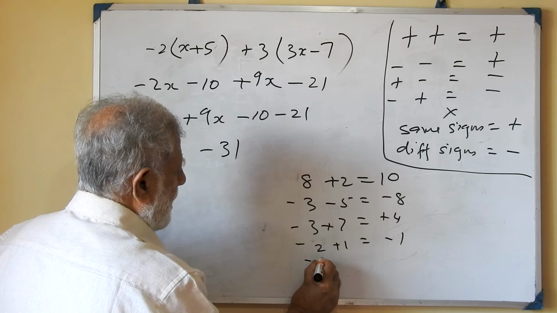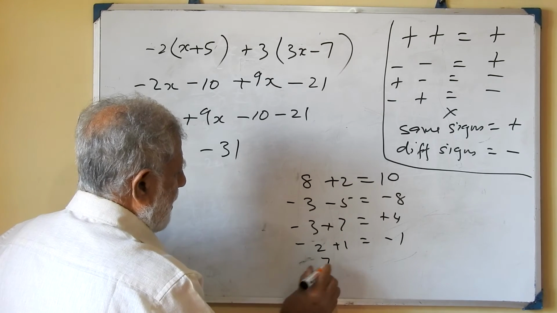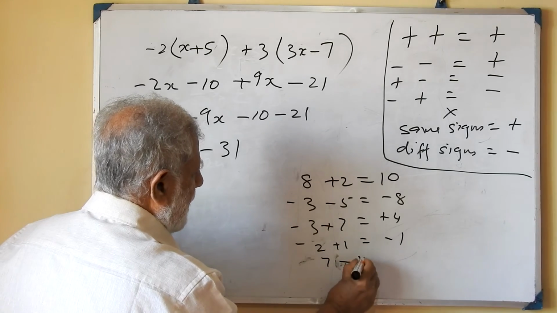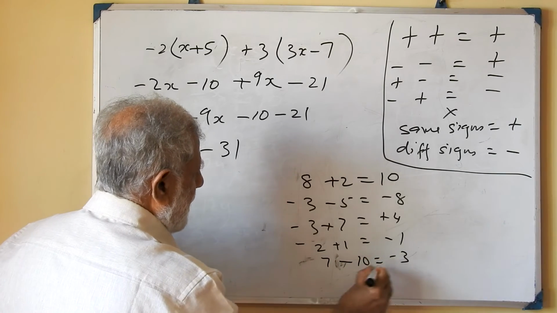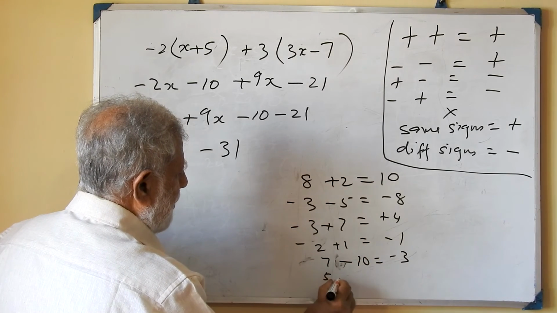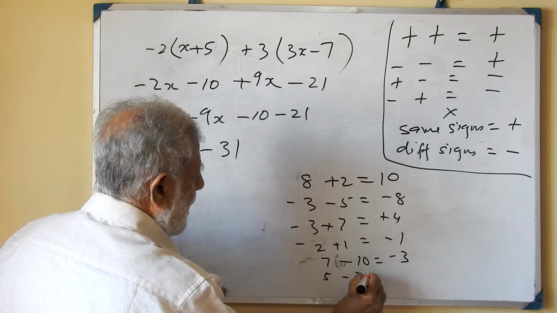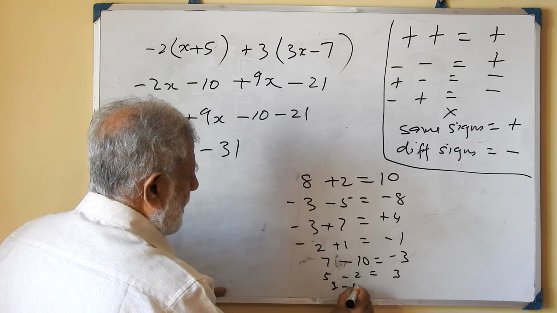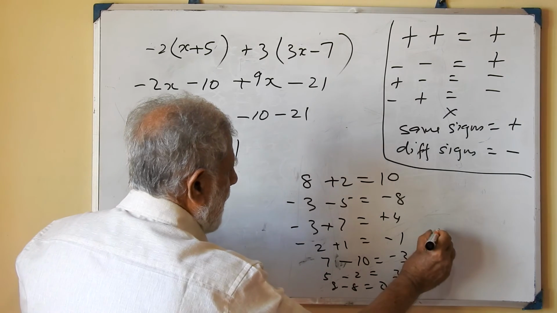Then minus 7 plus 10 minus 3. 5 minus 2 equals 3. Then 8 minus 8 equals 0.